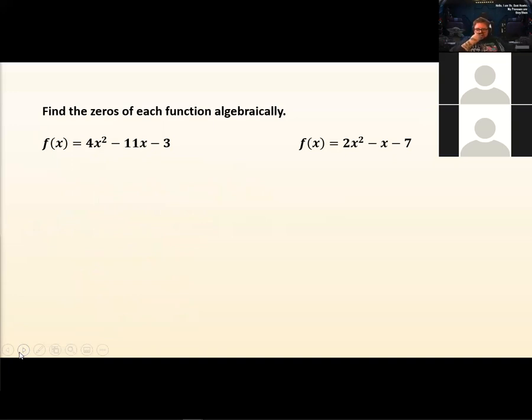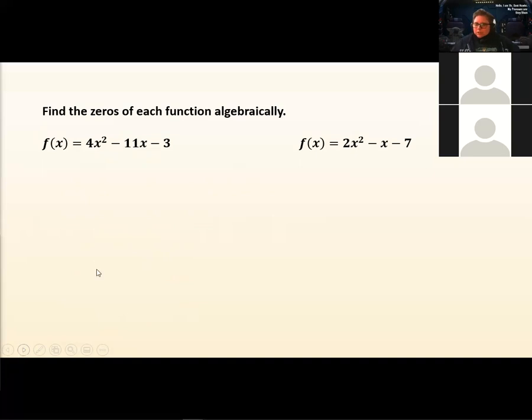So in this case, we're going to find the zeros or solve, and we could do it in any way we want algebraically. So this means that we could factor if it's possible, use extracting roots if it accounts for it, use quadratic formula, or even complete the square.